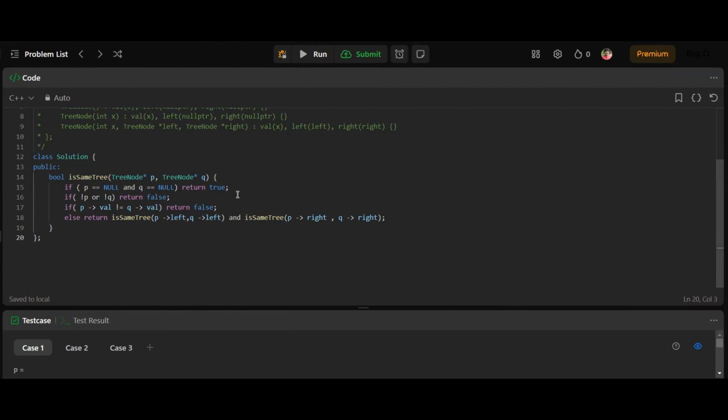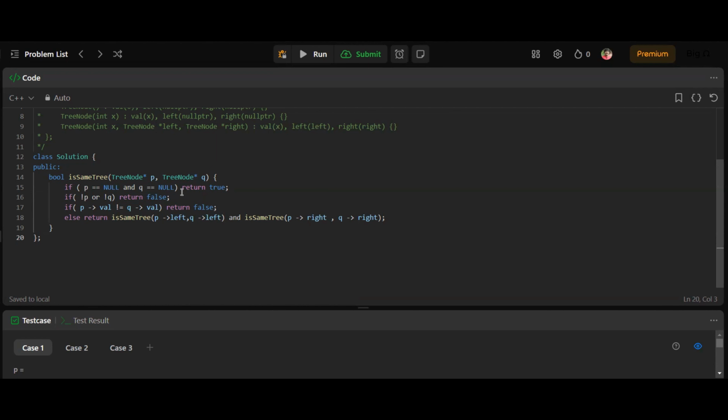In this code, we are given a function which is isSameTree and it has two parameters which correspond to the two trees. Now at first we have to check the first base condition, whether both of the nodes are null or not. If both of the nodes are null, then we have to return true. In the second base case, we have to check if one of the nodes is null and the other node exists.